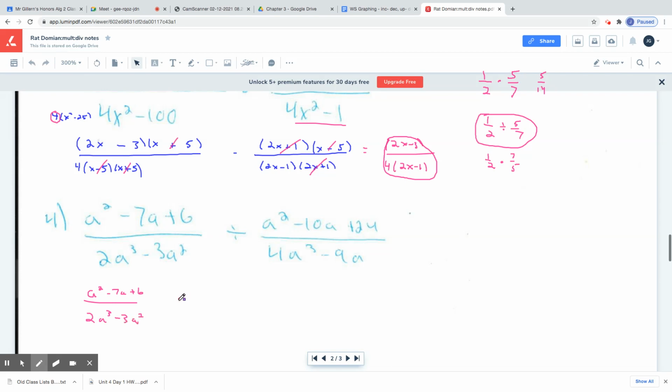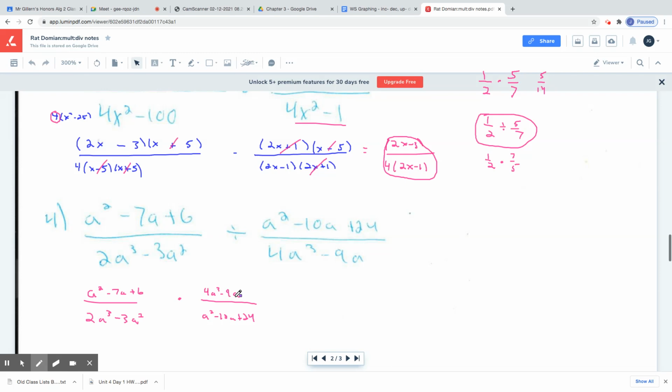You change the division to multiplication, and then I flip the second one. So this a squared minus 10a plus 24 goes on the bottom, all right? And the 4a cubed minus 9a goes on top.